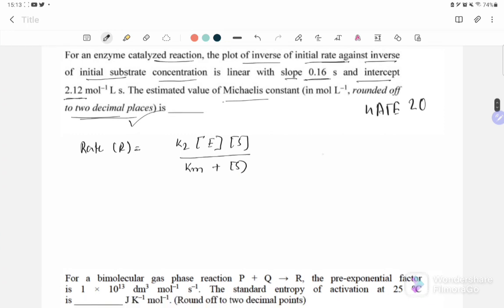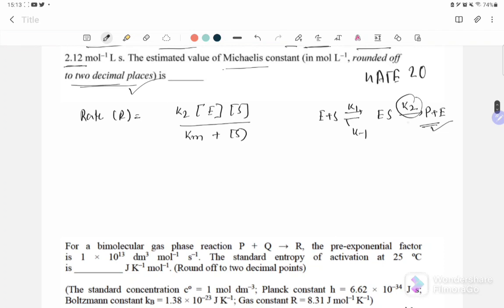The equation is E plus S going to ES with K1 and K inverse, then ES to P plus E with K2. ES is the intermediate, P is the product, E is the enzyme, and S is the substrate. If we derive from this equation, our rate will be this one.